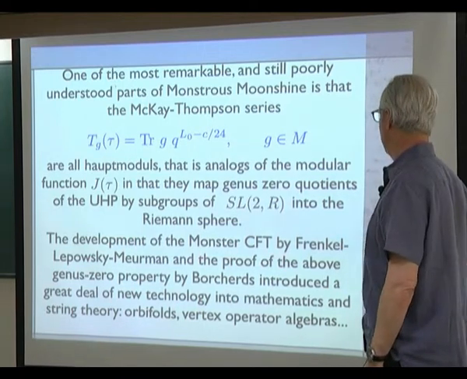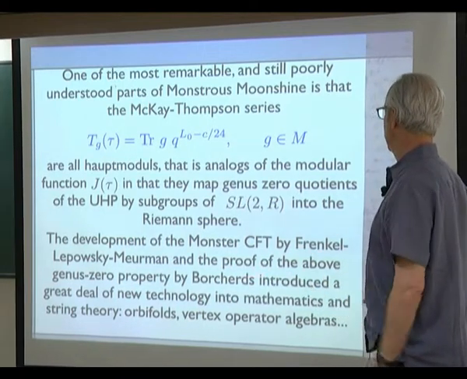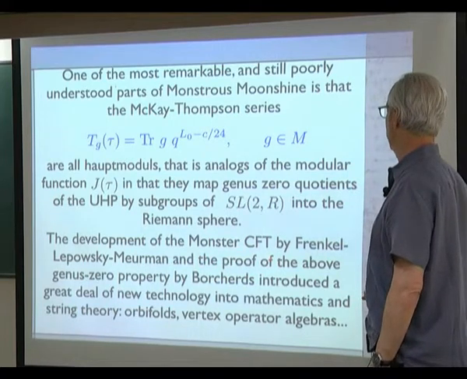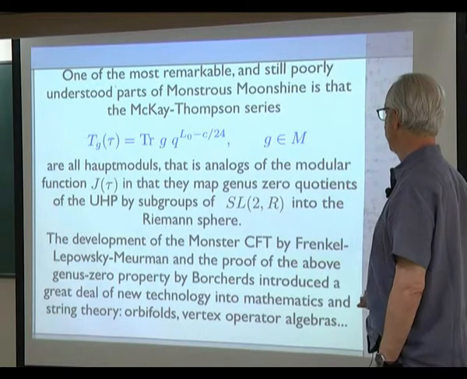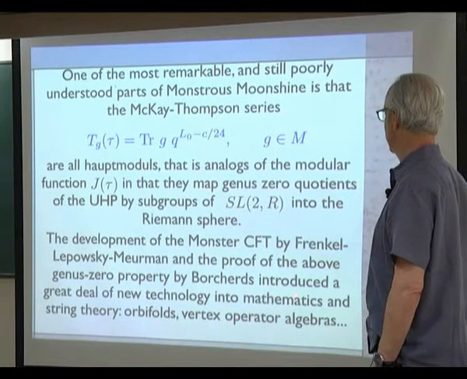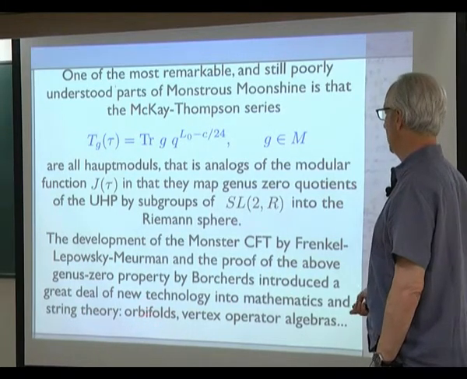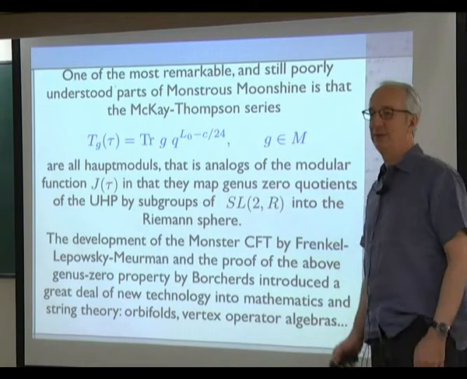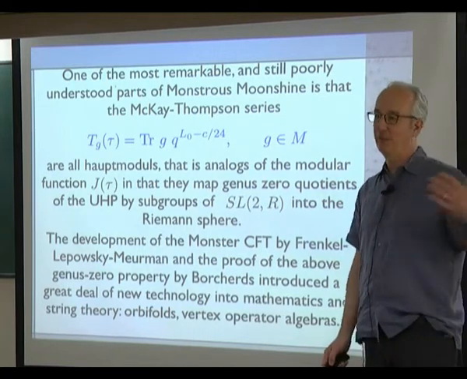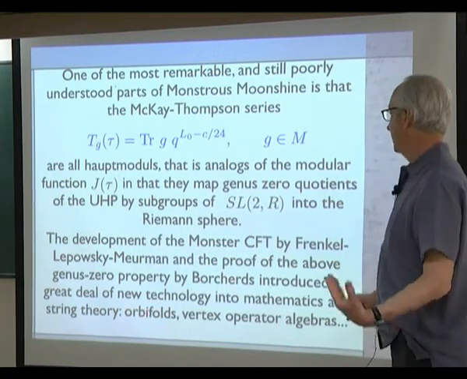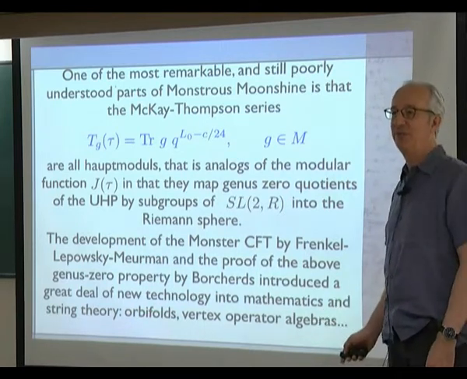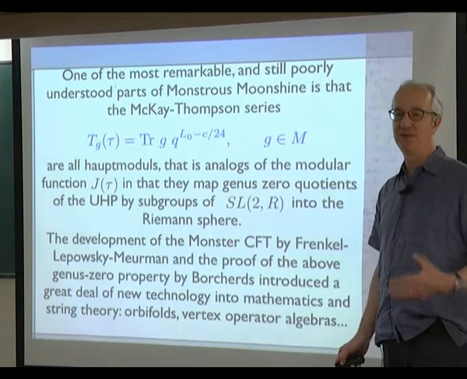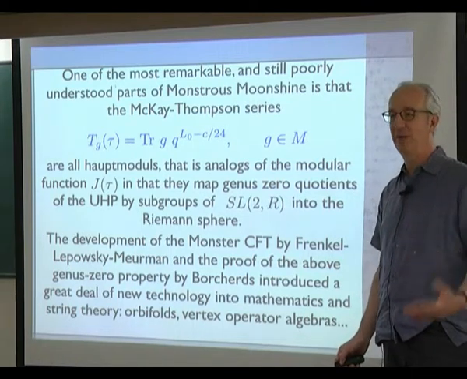So the development of this monster conformal field theory by Frenkel, Lepowsky, and Meurman, and the proof by Borcherds, introduced a lot of technology into mathematics and string theory. For example, although orbifolds as limits of Calabi-Yau spaces were developed by physicists, Frenkel, Lepowsky, and Meurman slightly preceded this, but they were doing a special kind of orbifold, an asymmetric orbifold not related to a Calabi-Yau space.